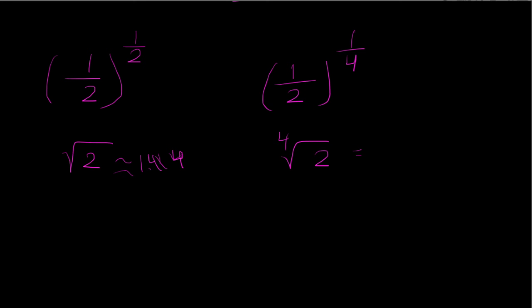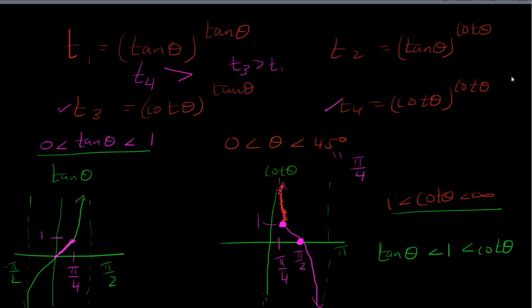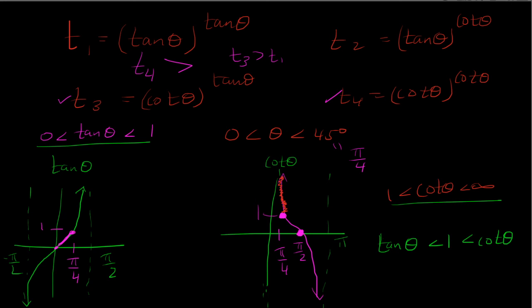And the 4th root of 2 is 1.189. So obviously, square root of 2 is bigger. So then we'll say that T1 is bigger than T2. So T2 is the smallest of the 4.